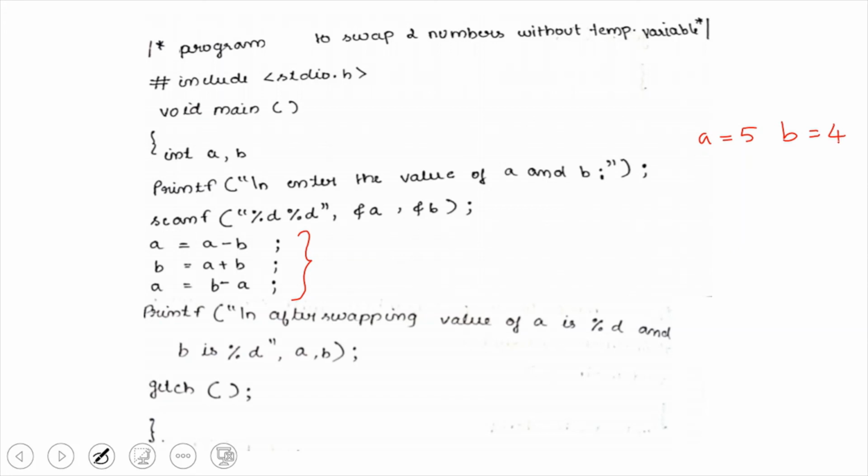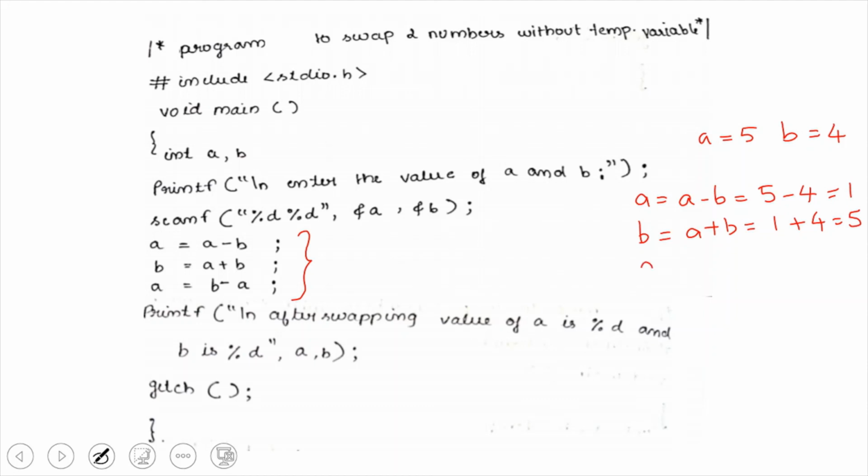After the first step, A is equal to A minus B. So that will be 5 minus 4. So now A has got the value 1. Next, B is equal to A plus B. So that will be 1 plus 4, which is equal to 5.